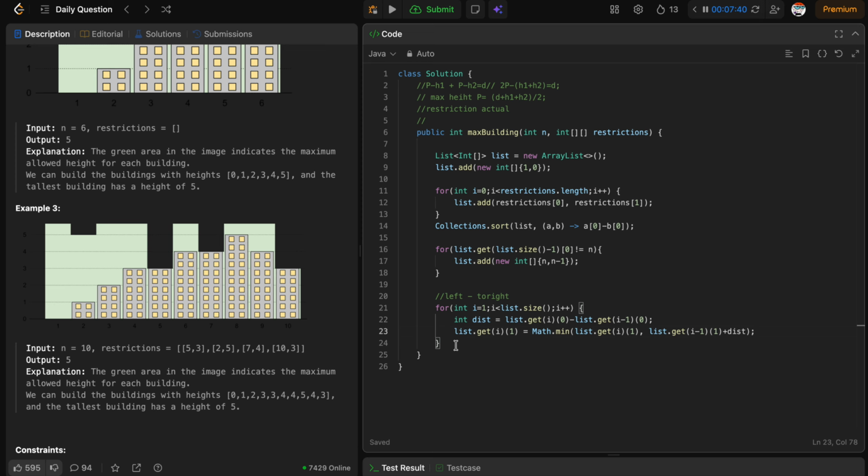And then this is the one pass, and now we go from the backward.